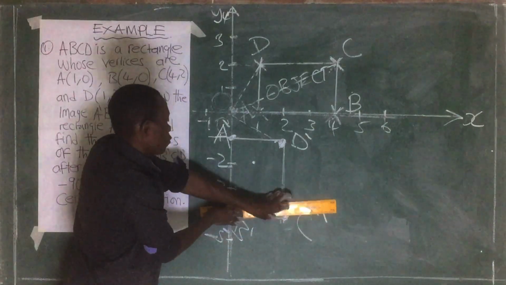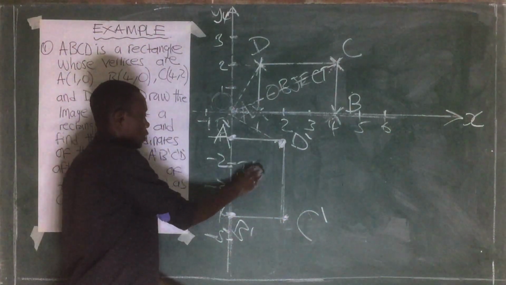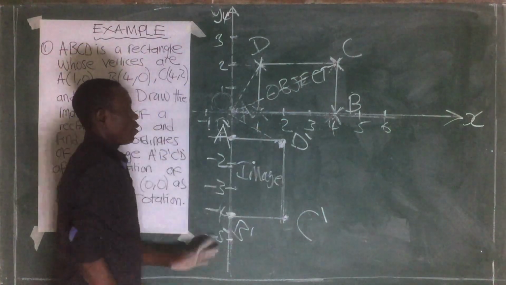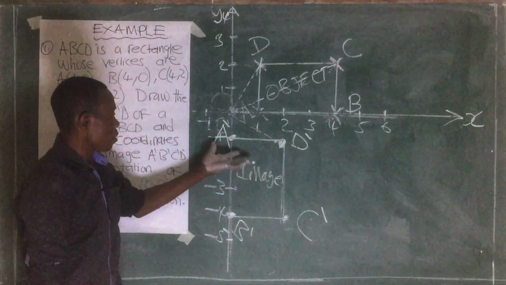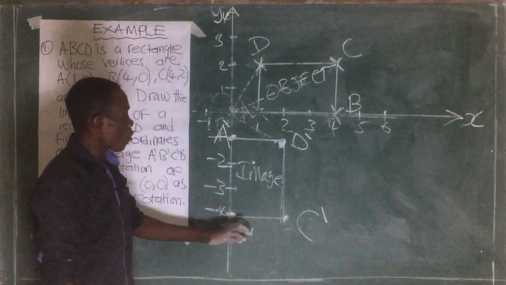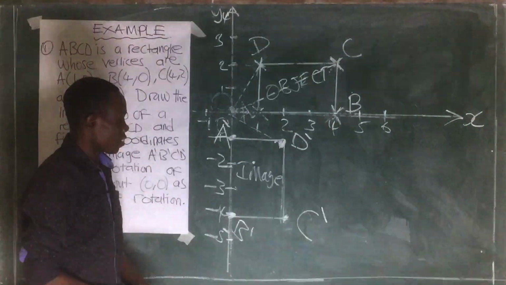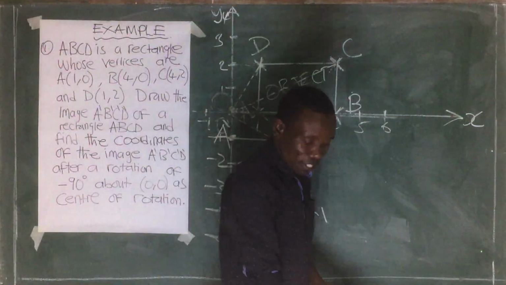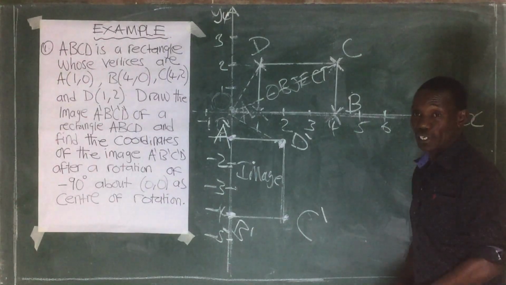You can see this one, very successful. So this is your image. You can see now the rotation has been done toward the right side. This is the negative. So it means the object here has rotated through an angle of negative 90 degrees. Right. So the first part of the question has been responded to.